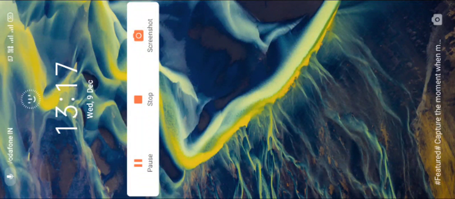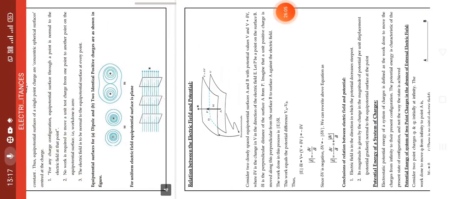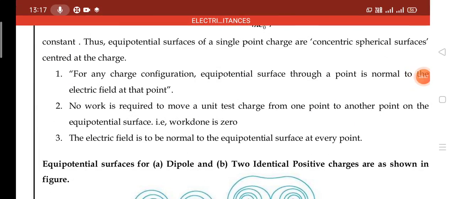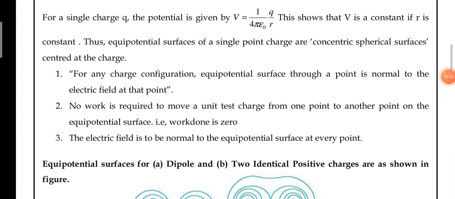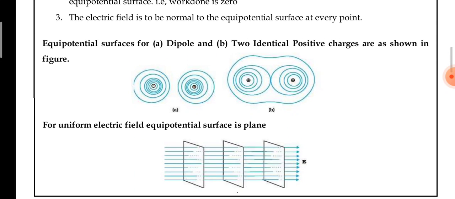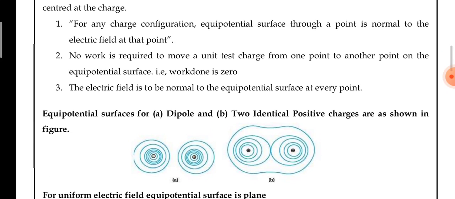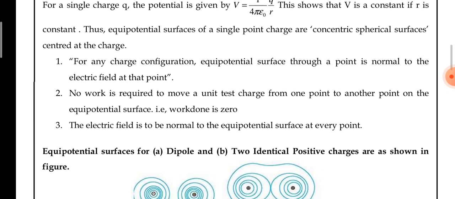That means no work is required to move a unit test charge from one point to another on the equipotential surface. That is, work done is zero. Next, the electric field is normal to the equipotential at every point.